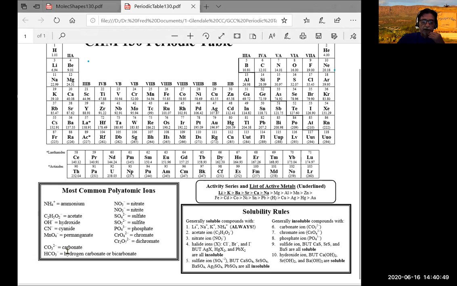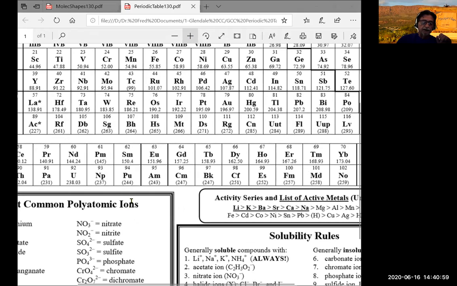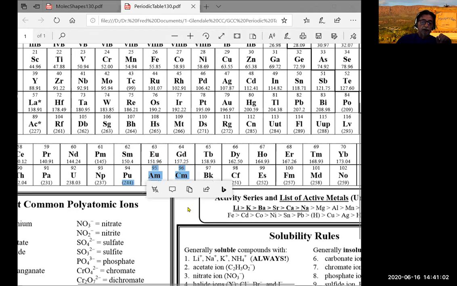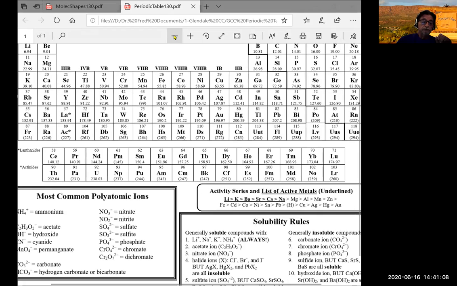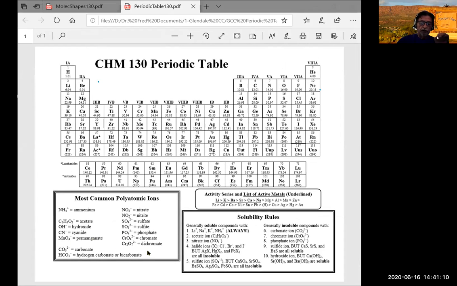I see the bottom left side here on your periodic table. These are called polyatomic ions. The thing to remember about this is that these polyatomic ions come as a unit. We don't separate them.